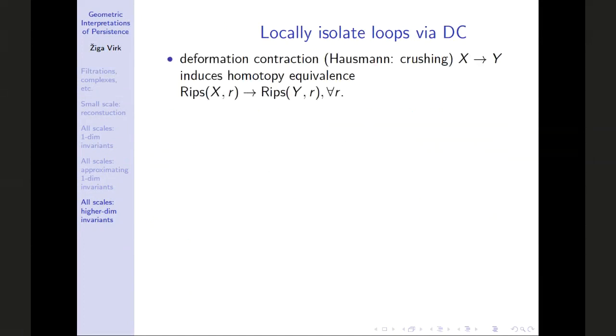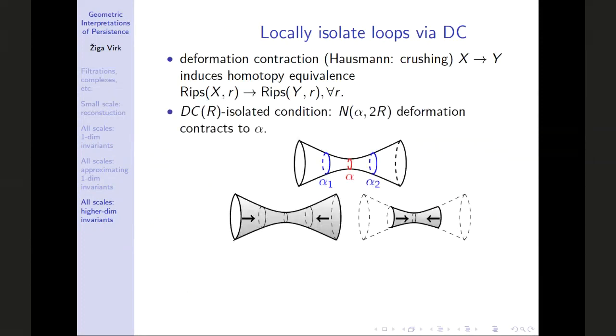And so, I'm being a bit quick here. If you have a loop alpha, which has a neighborhood, let's just talk about surfaces now. Suppose you have a red loop alpha, and you have this kind of hyperbolic neighborhood. What do I mean by that?